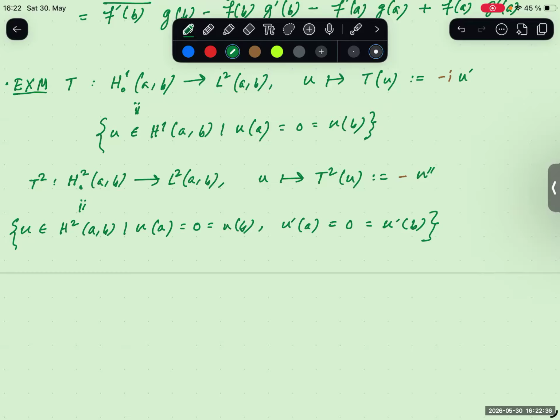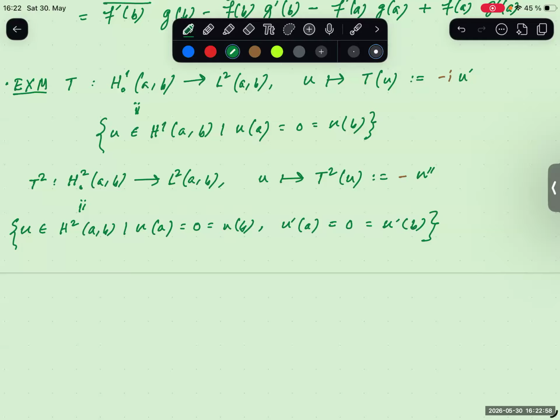Okay. So now we learned how to define first derivative and second derivative as an unbounded operator on Hilbert space. Is it clear to all of you? Because so far we were mostly interested in multiplication operators. Although I have shown you that if you use Fourier transform, then you can also describe a differential operator in terms of a multiplication operator.